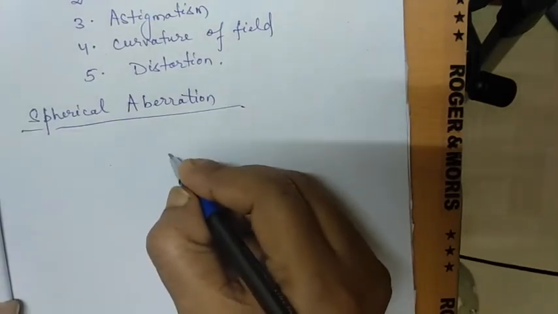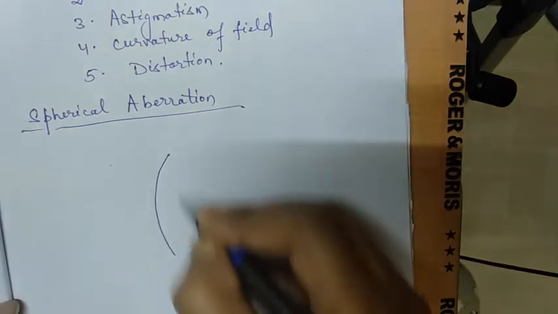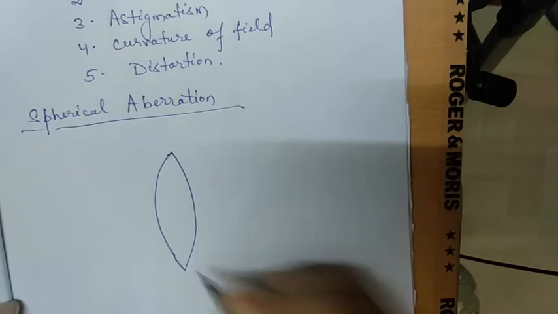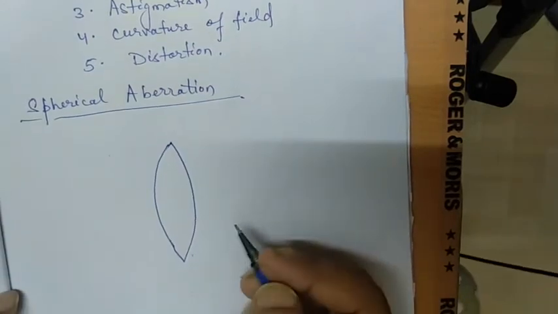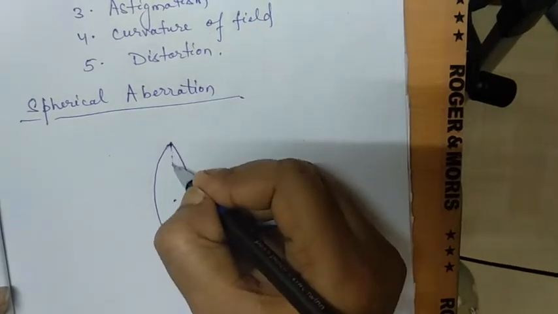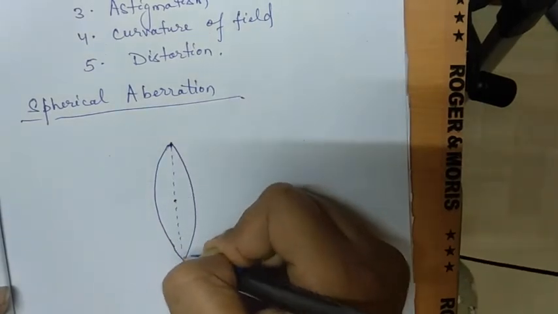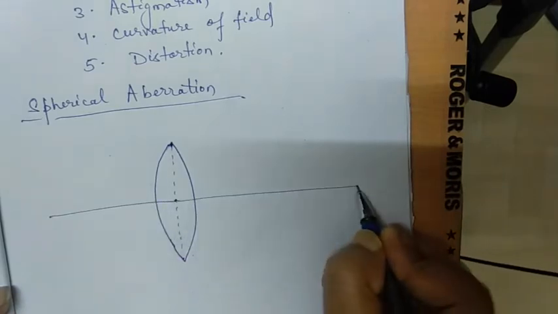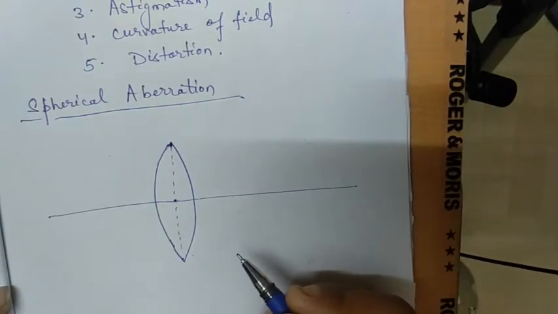I am just drawing a diagram to explain this aberration. So this is a lens, a convex lens. This is the principal axis of the lens.